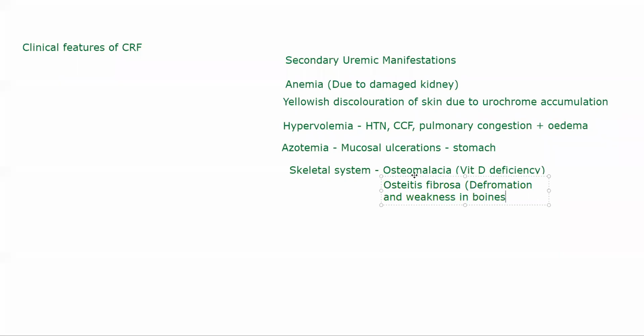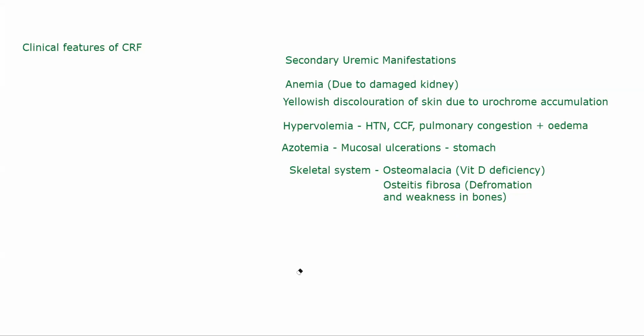So the structural integrity of your bone will become very weak. Now, other than that, the patient will also have another function. This osteitis fibrosa is specifically occurring because of hyperparathyroidism. Whenever the patient has kidney dysfunction, they will tend to have hyperparathyroidism, and that will lead to bone disorders, specifically osteitis fibrosa.